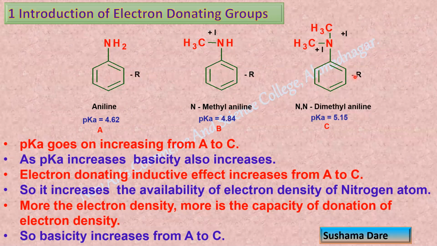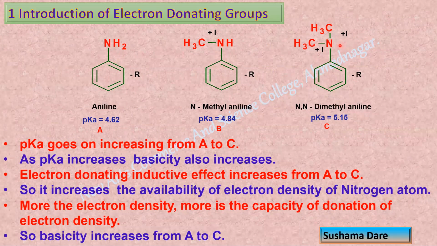So minus R effect is same in all the structures. But which effect goes on increasing? In aniline, the plus I effect shown by the methyl group is absent. So compound B has only one plus I effect, while in compound C, the two methyl groups are there. Therefore, electron donating inductive effect is more in case of C as compared to B as compared to A.